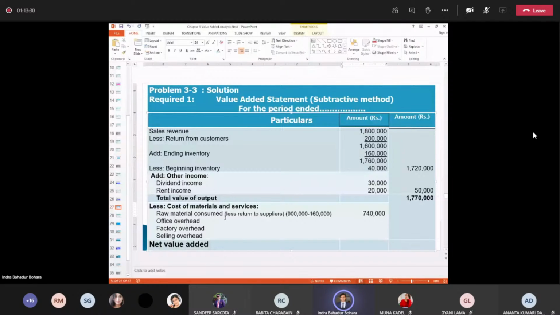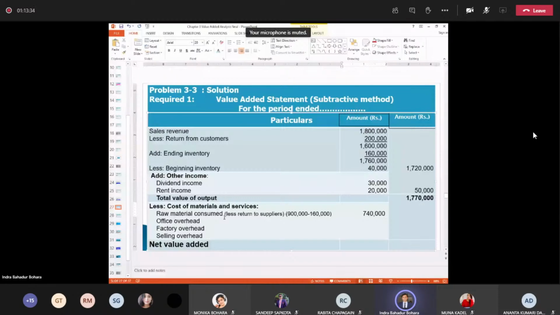Other expenses like packing expenses, lighting, heating, fuel are not given. Service cost not given. Office overhead is 90,000.